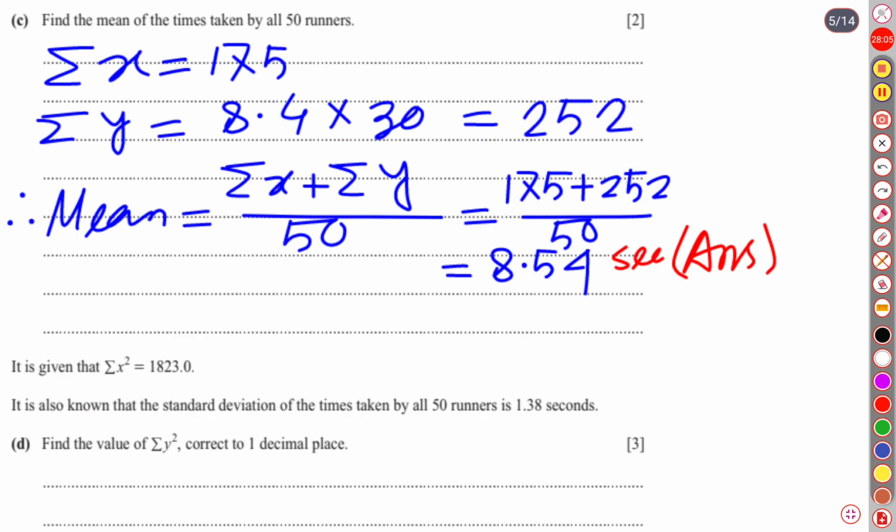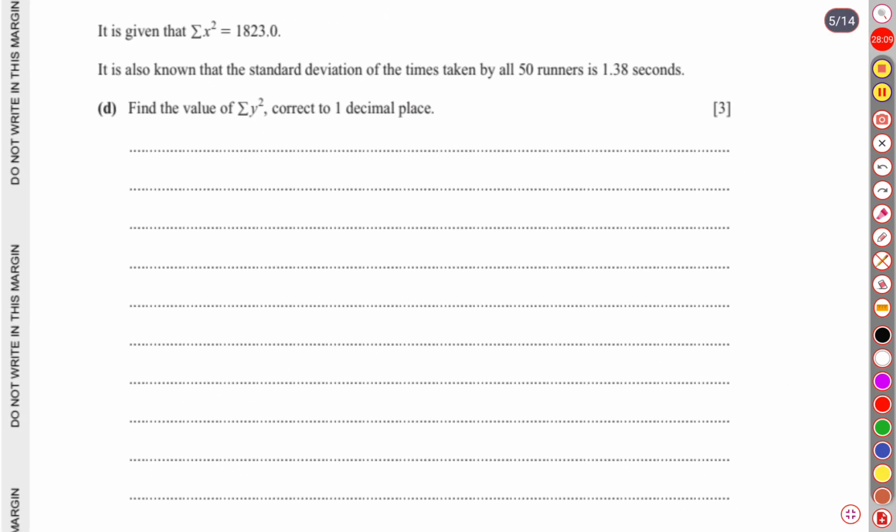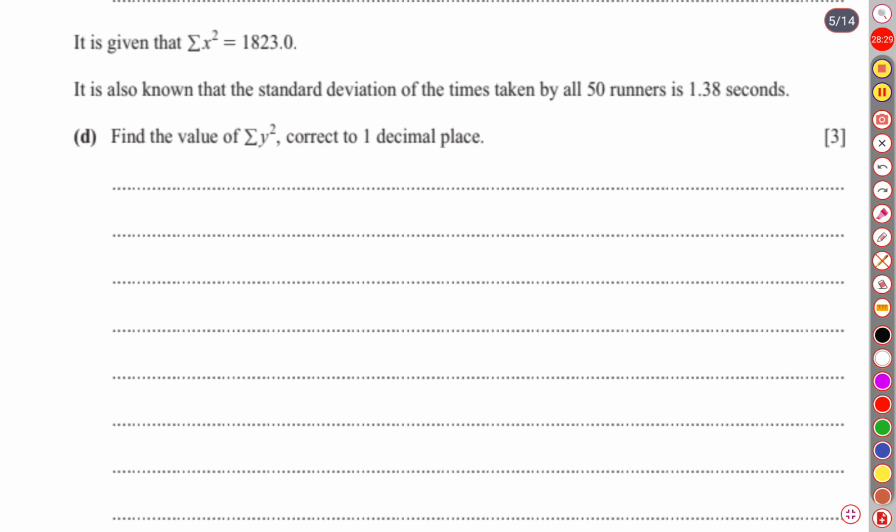Well, the immediate next question says it is given that sum of x square is equal to 1823. It is also known that the standard deviation of the times taken by all 50 runners is 1.38 seconds. Find the value of sum of y square correct to one decimal place. So remember, in variance and standard deviation, coding data doesn't make any change.